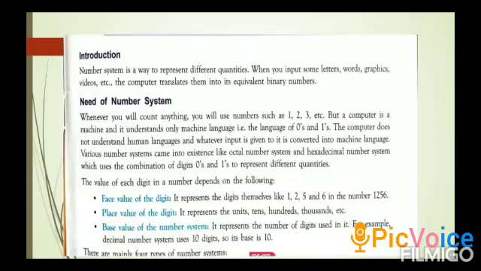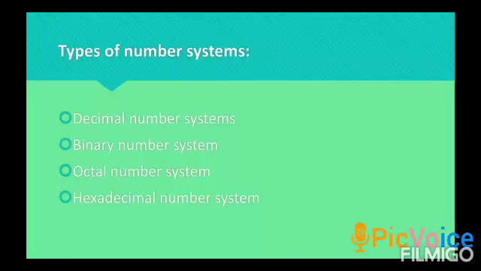Binary number system uses 2 digits, so its base is 2. There are mainly 4 types of number systems: decimal number system, binary number system, octal number system, and hexadecimal number system.